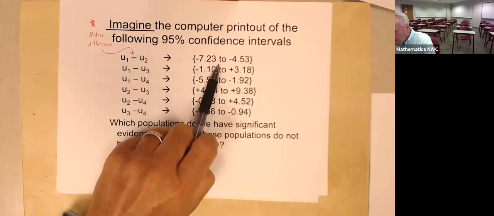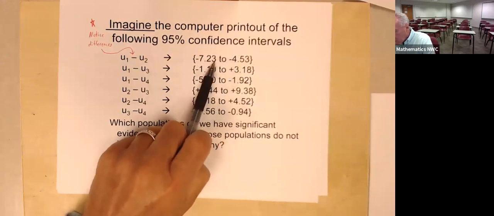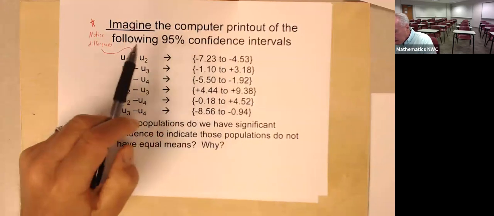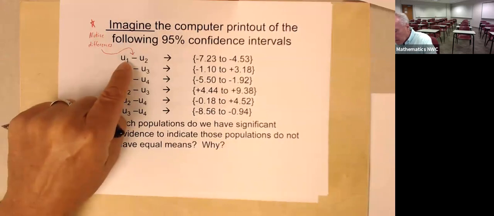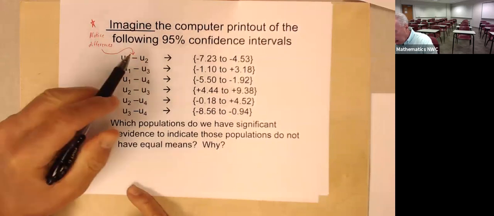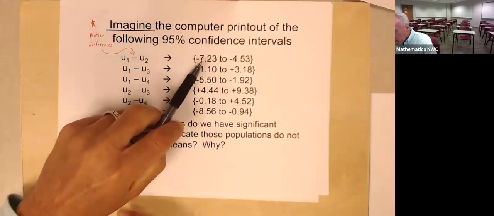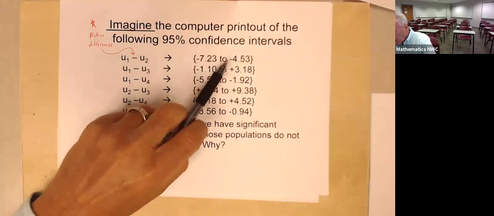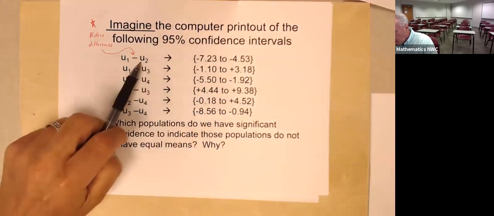And the reason we're sure of that is that the differences were entirely negative. That means that I needed a smaller number minus a larger number. I am now statistically sure, 95% sure, that there's a difference between these 2.